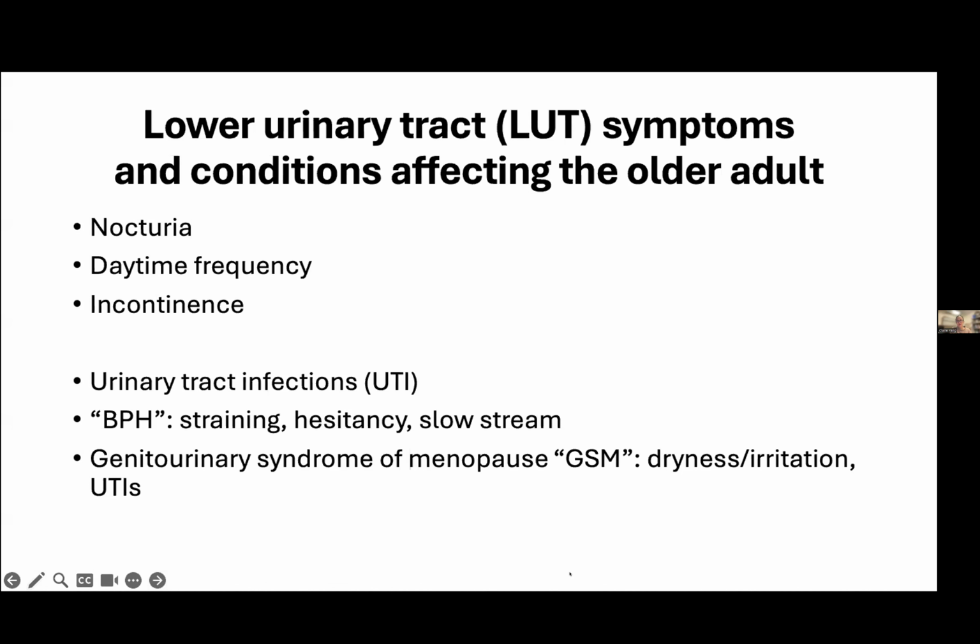I'm not going to go into the conditions during this talk, although maybe during the question session we can field some discussion on that, but mostly focusing on some of the symptoms, just to bring out some of the pertinent factors in approaching the older adult with urinary symptoms.